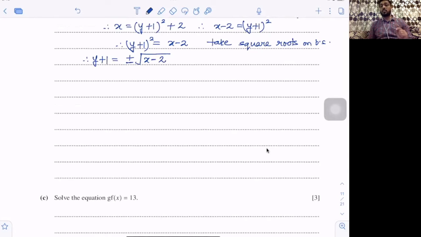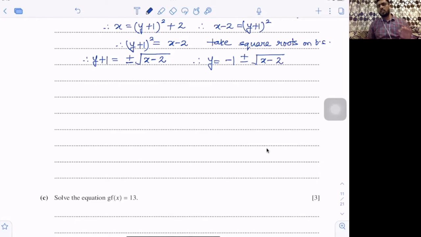It is not just positive root of x minus 2. So when you do square roots, it should be plus and minus both, right? That means y would come equal to minus 1 plus and minus root of x minus 2. You got it? y equal to minus 1 plus and minus root of x minus 2.